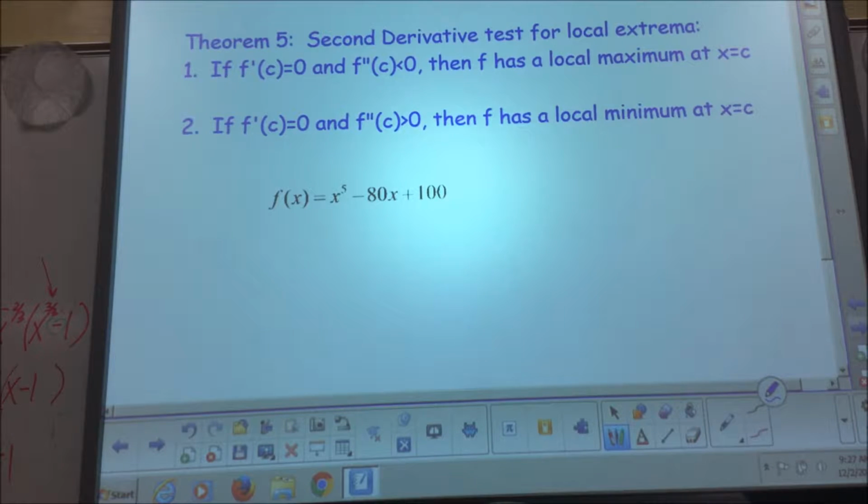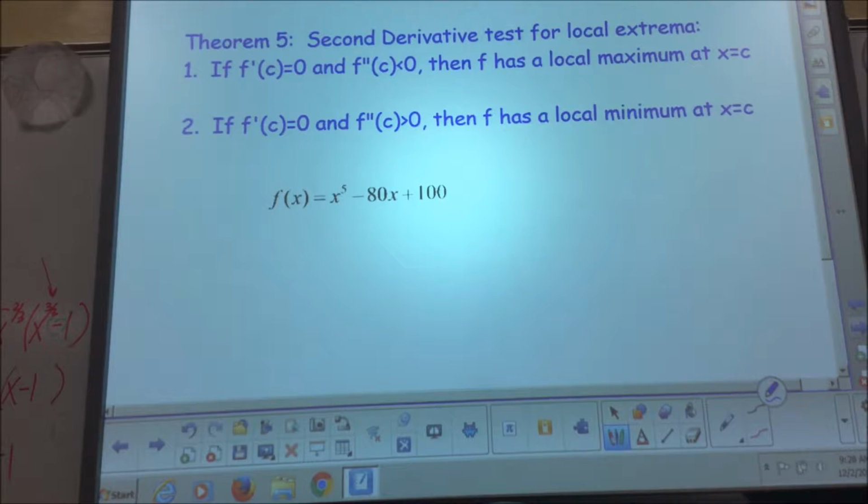Thank you, Spencer. All right, so the second derivative test for local extrema. This essentially combines the two theorems that we worked with earlier. The first theorem was with respect to the first derivative, and it gives you local min and max.